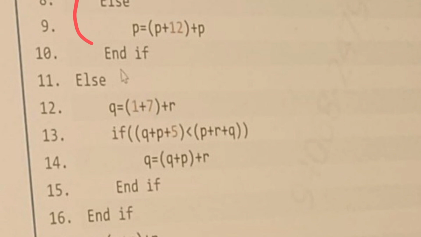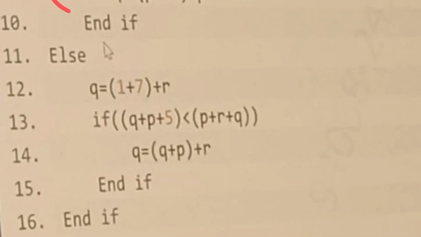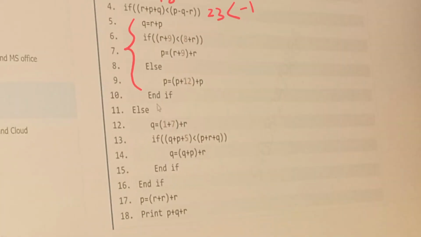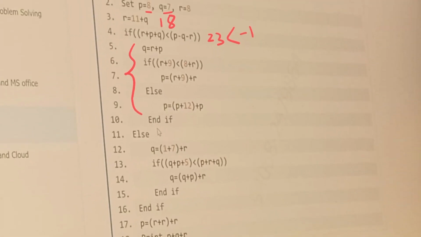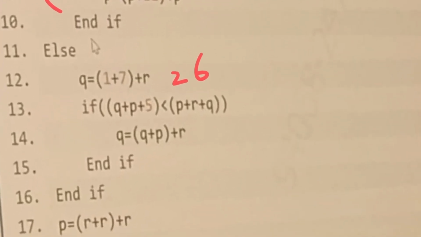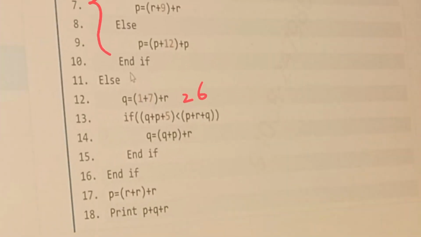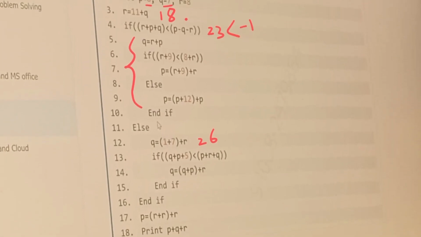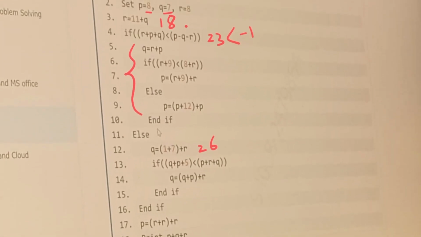Okay, so the value of q becomes 1 plus 7 plus r. Sorry, r is 18, so 18 plus 8 is 26. Again we are checking the if condition: p plus q plus 5 is less than this. The value of p is 8 and the value of q is 26, so 26 plus 8, that is 34, plus 5, that is 39.